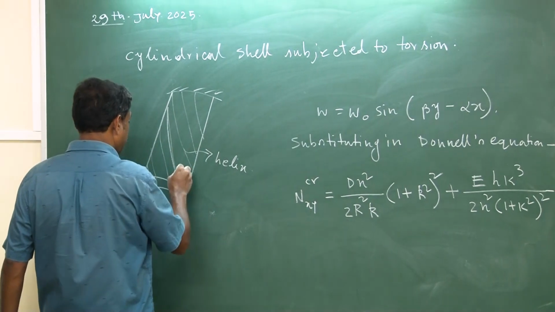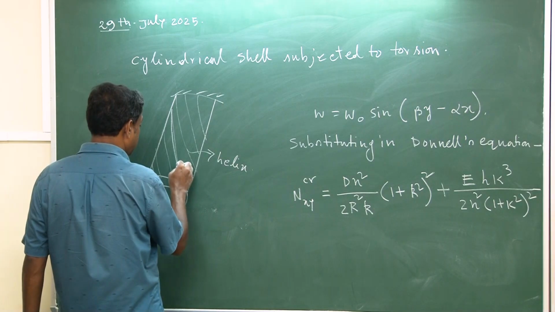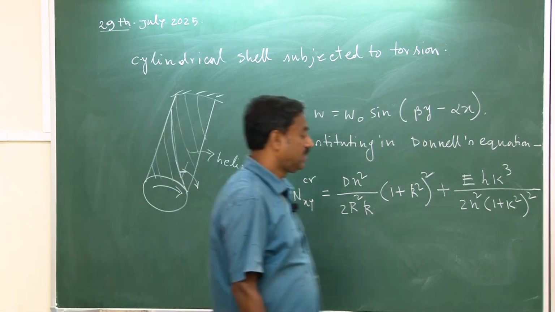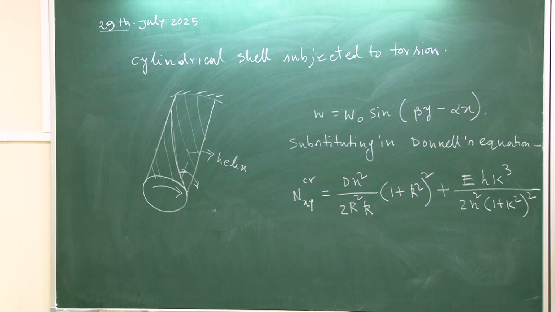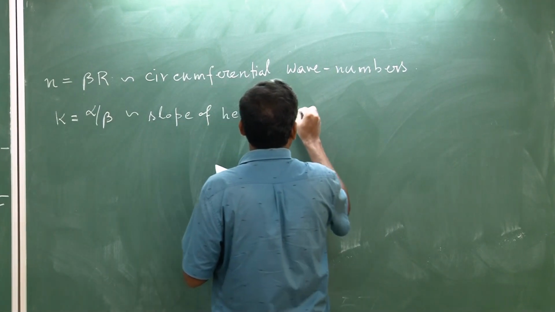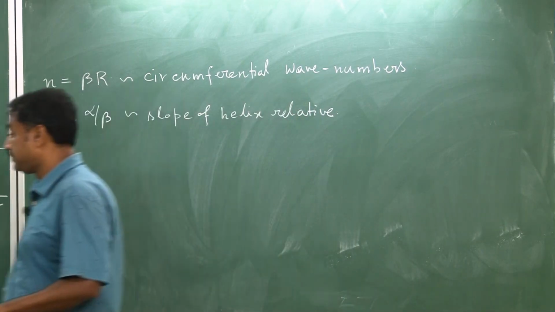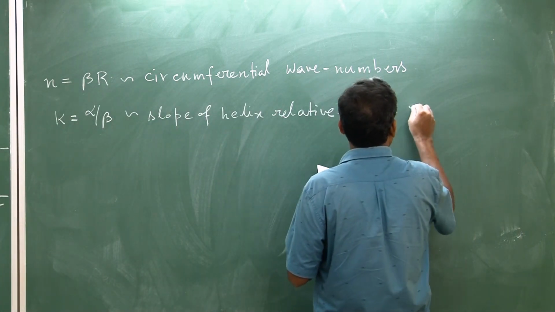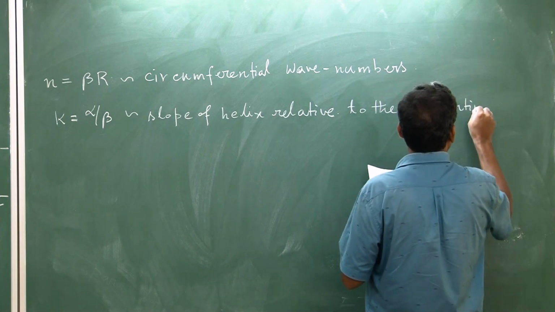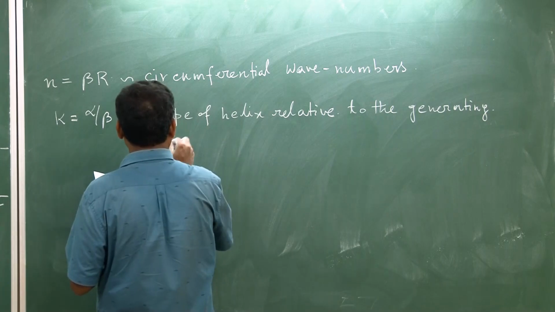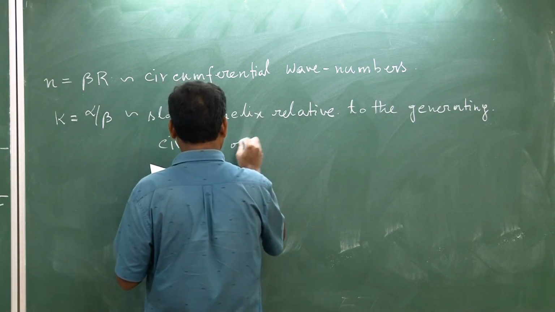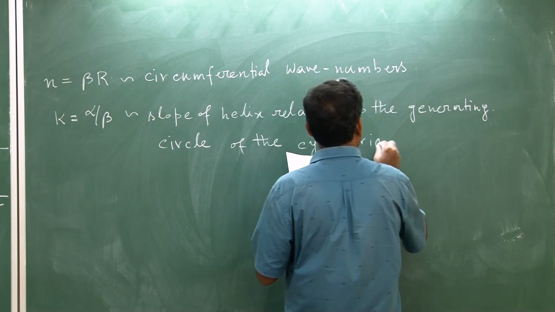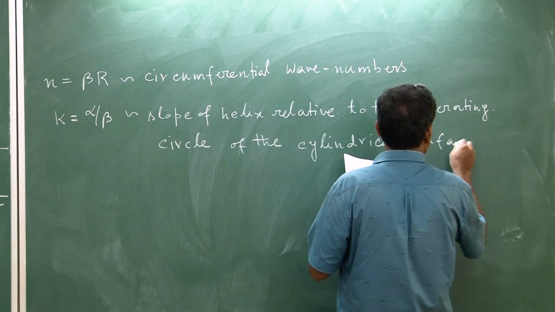So, when you take the ratio m beta by alpha, then this slope will be there with the longitudinal axis, this is the slope, okay, slope of the helix relative to the generating circle, the surface.